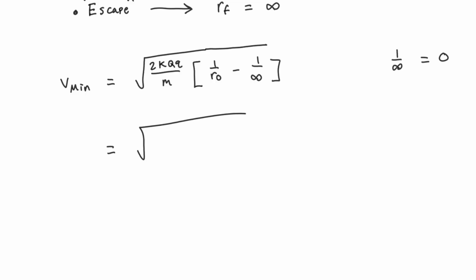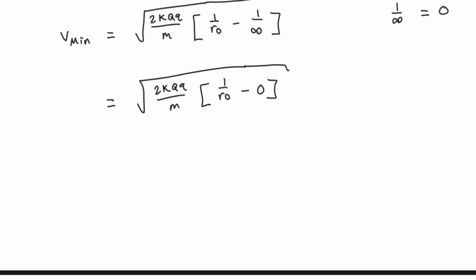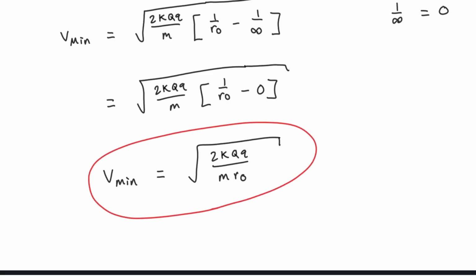So square root of 2kqQq over m times 1 over r0 minus 0 under the square root. So this means our minimum escape velocity is just going to be the square root of 2kqQq over m times r0. So that would be our answer.